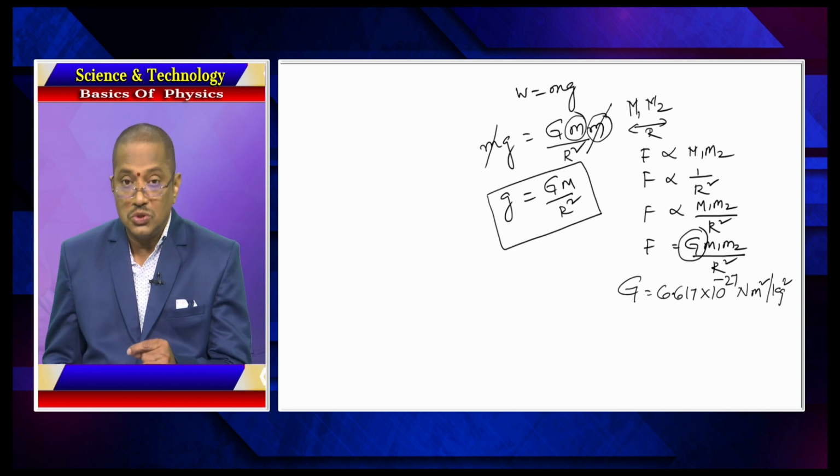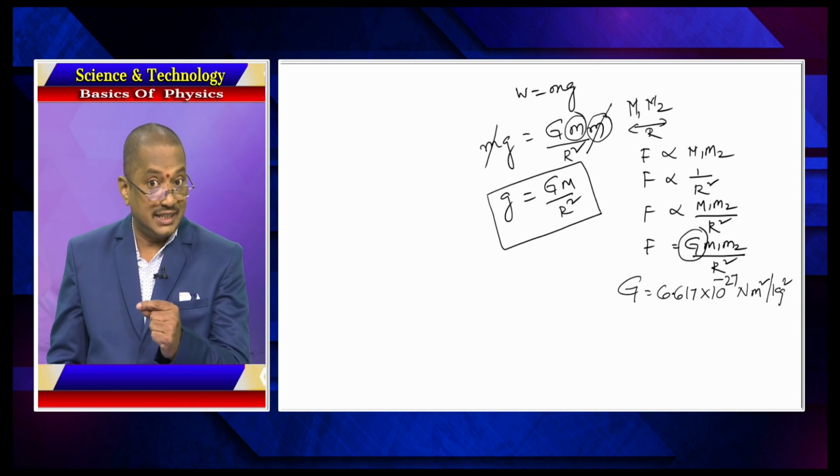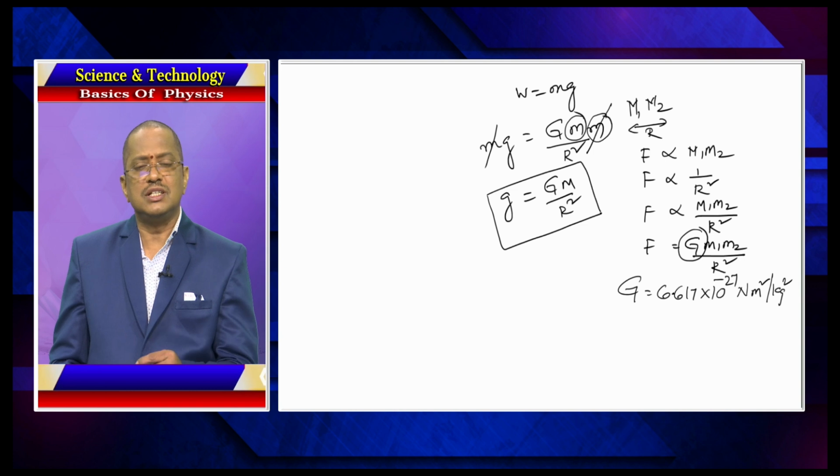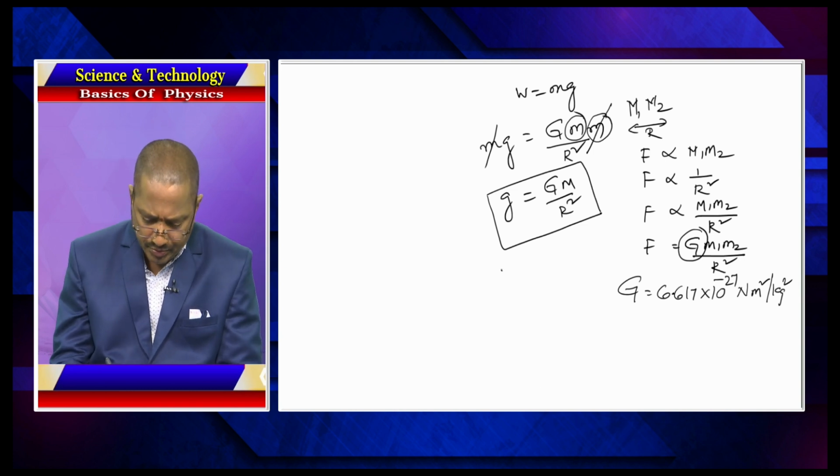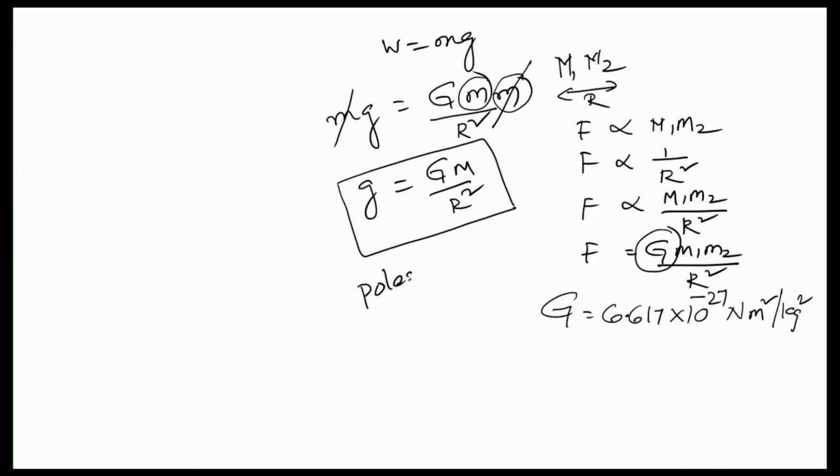This is the most important thing here, as I already said. At the poles it is maximum, 9.83 meter per second square, but at the equator it will be around 9.78 meter per second square.